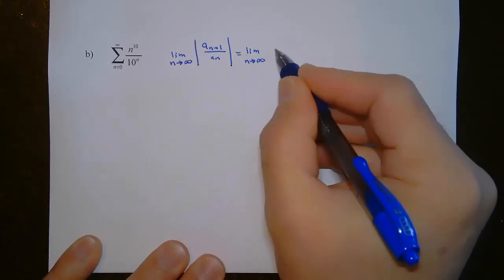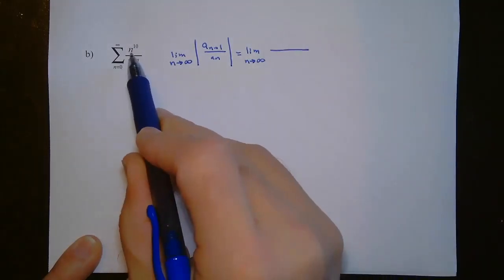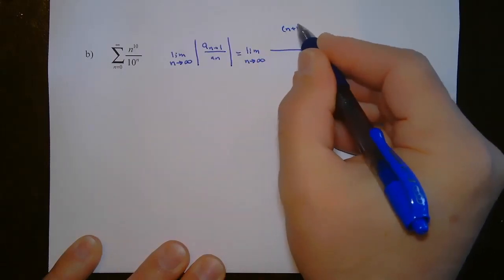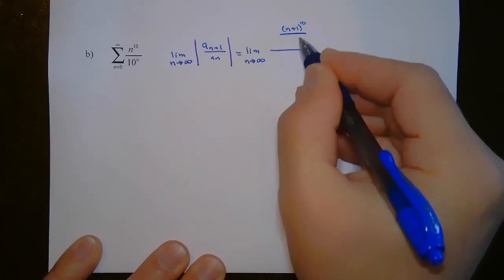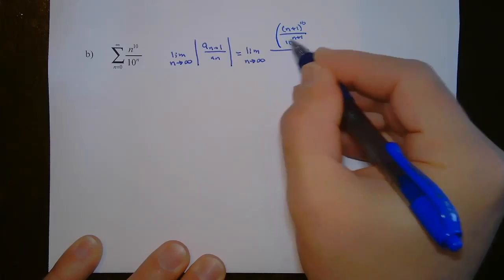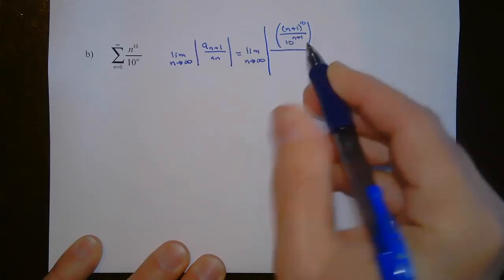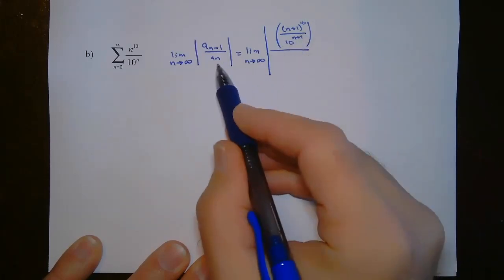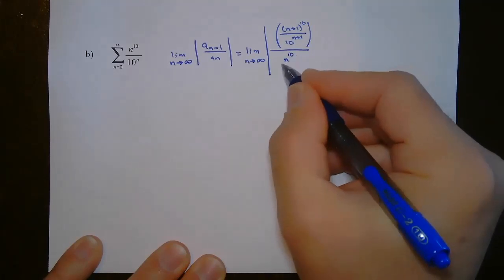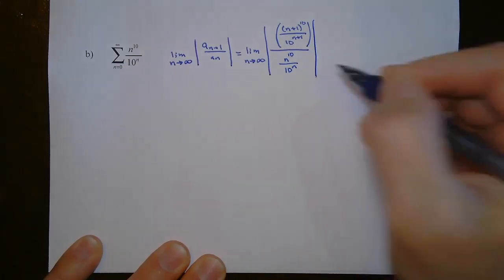And here's my main fraction bar, and it's going to be n plus 1 to the 10th over 10 raised to the n plus 1 power. You wouldn't really have to have the parentheses around this. And then over the a sub n term, so that would be n to the 10th over 10 to the n power, close the absolute value.